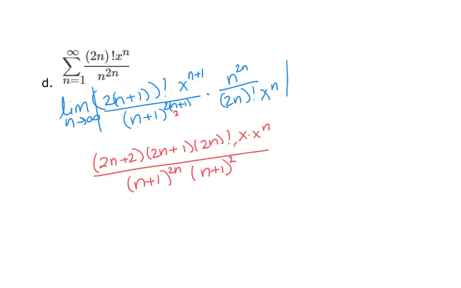Again, distributing, this is 2n plus 2. This is going to be multiplied by n raised to the 2n over 2n factorial x to the n. Let me see, 2n factorial will cancel. X to the n cancels.